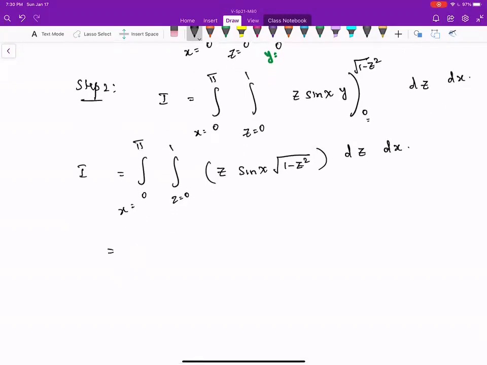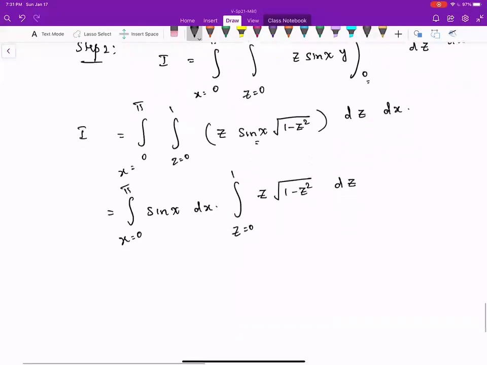As the x limits are constants, we can separate out the sin x, integrate with respect to x, and then integrate z times the square root of 1 minus z squared dz.